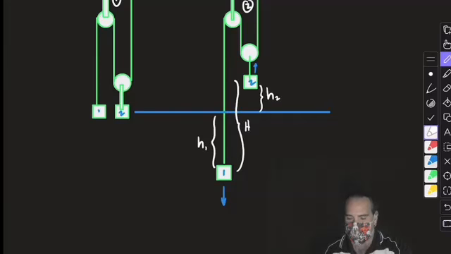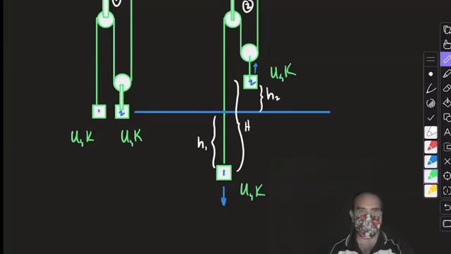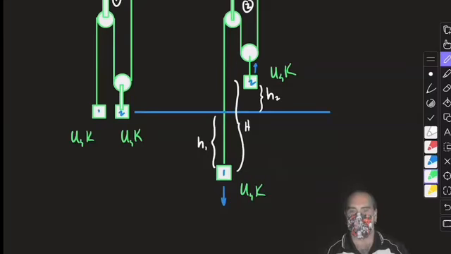I want to start by using that blue line as our reference and reminding you that there is the potential to have two forms of energy for each object. There's no spring in this problem, so I'm not going to worry about elastic potential energy. And I'm just going to try and evaluate what form of energy exists for each object at each state. So object 1, state 1.